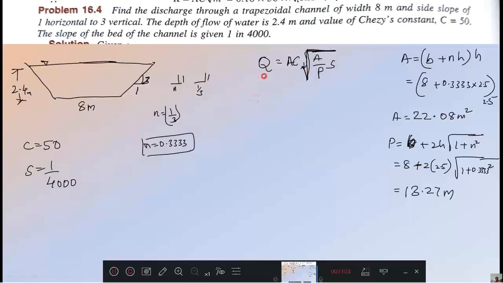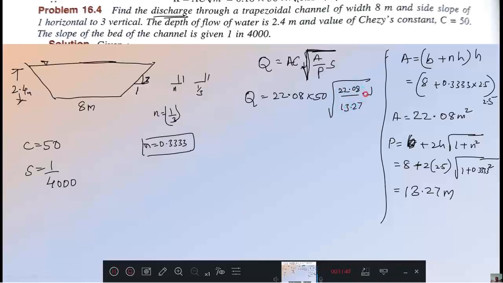Now, what is this Q equal to? That's unknown, and find the discharge means that is unknown. Therefore look at here now. Then Q is equal to AC root of R S. A is 22.08. C is 50. Square root of 22.08 divided by 13.27 into 1 by 4000.